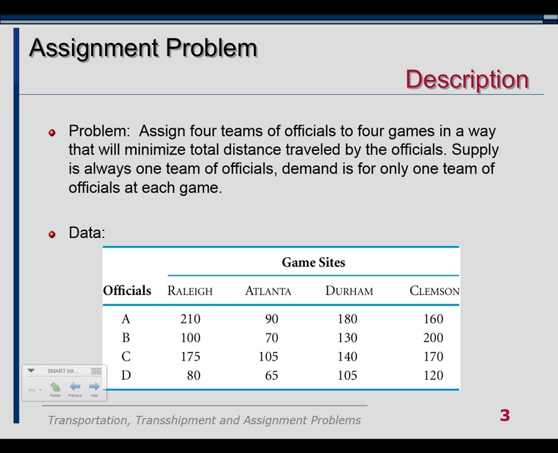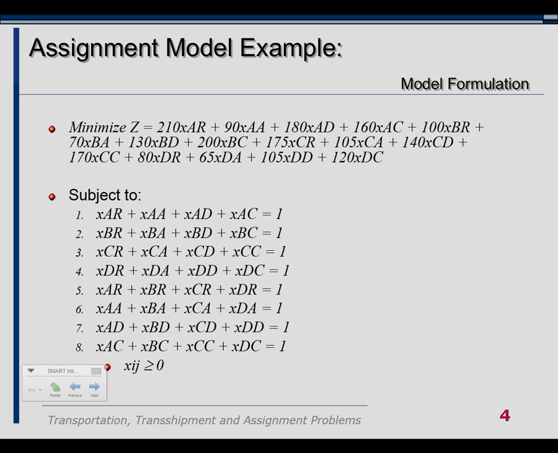So simple question. What teams officiate where? It's all the same night, so you can't have 1 team of officials officiating at 2 different schools. So what do we do? Well, here's what I'm going to do.